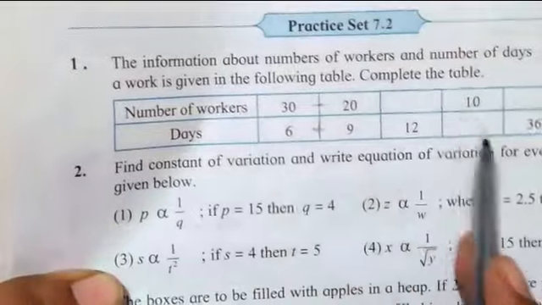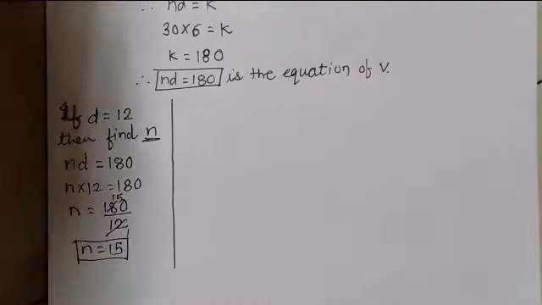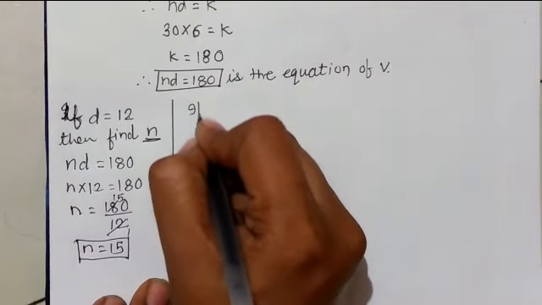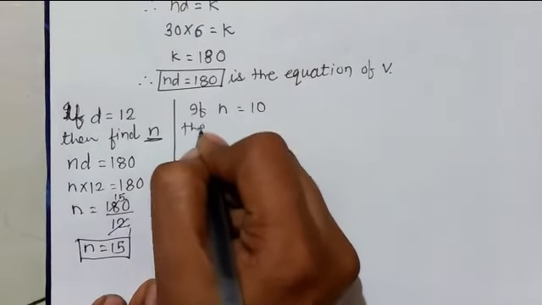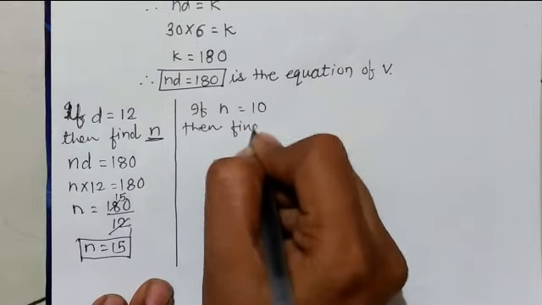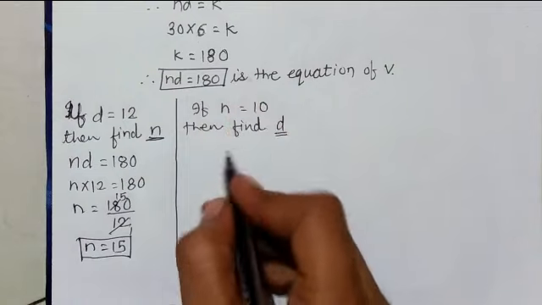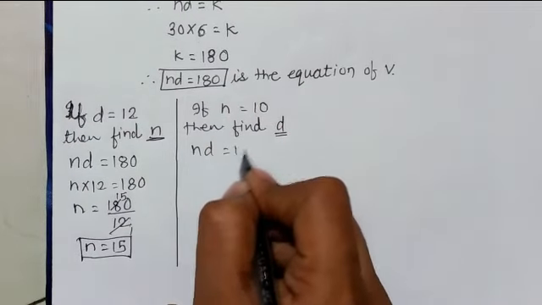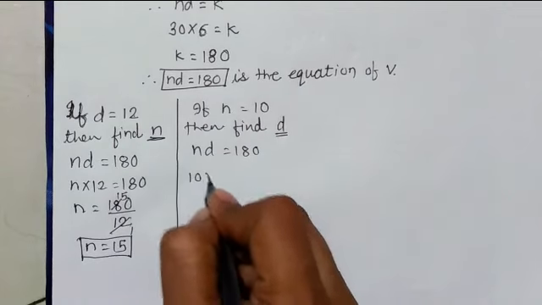Now for the second fill in the blanks, n is given, that is 10. If n is equal to 10, then find d. Write the equation again. nd is equal to 180. Put the value of n, that is 10, and multiply.